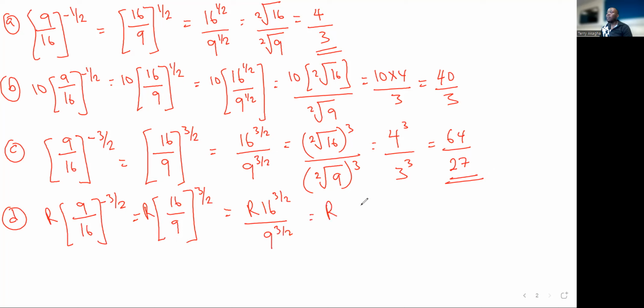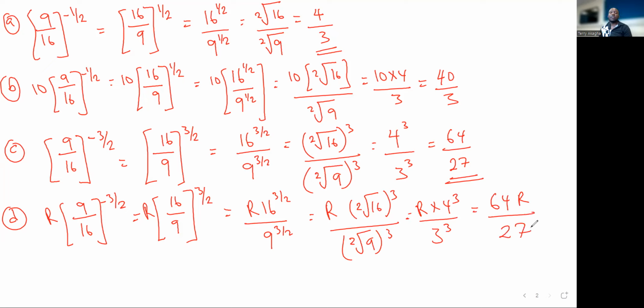That is R into bracket the square root of 16 to the power 3 divided by the square root of 9 to the power 3. And that will give us R multiplied by 4 to the power 3 divided by 3 to the power 3, which gives us 64R over 27. Okay, and that is that for that.